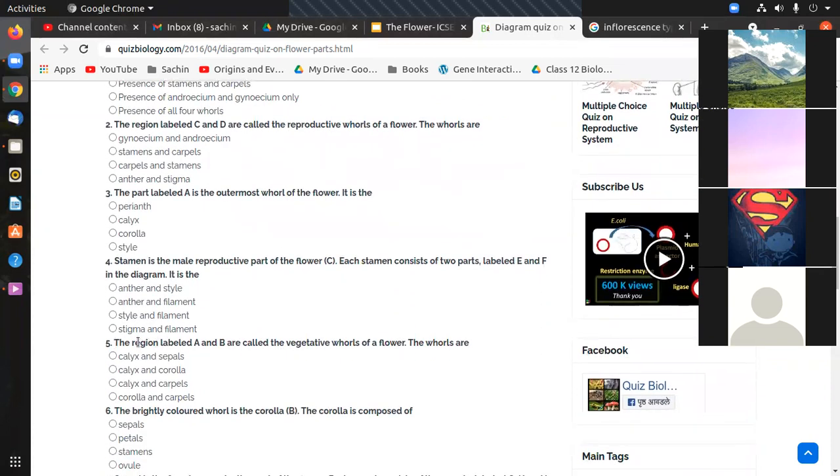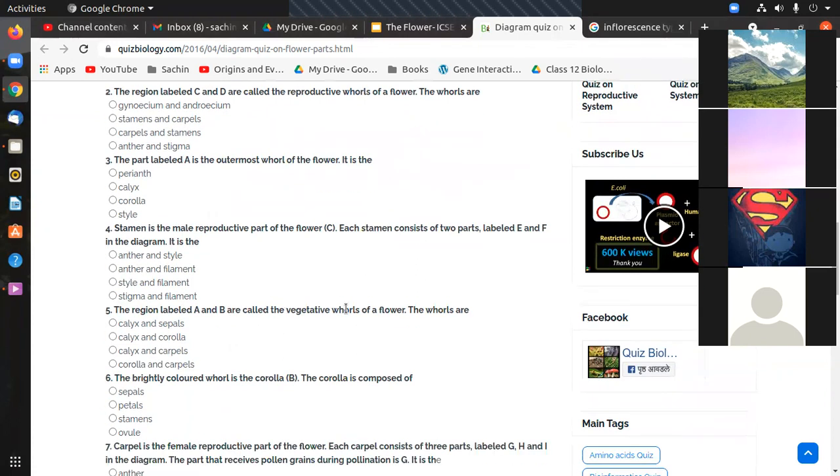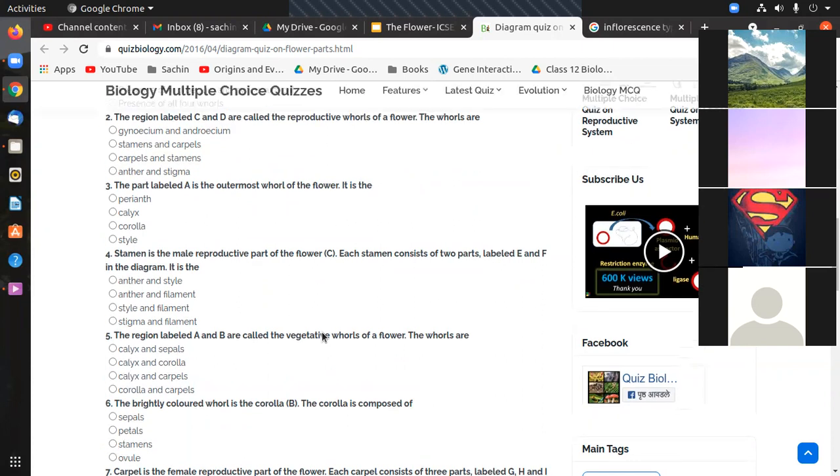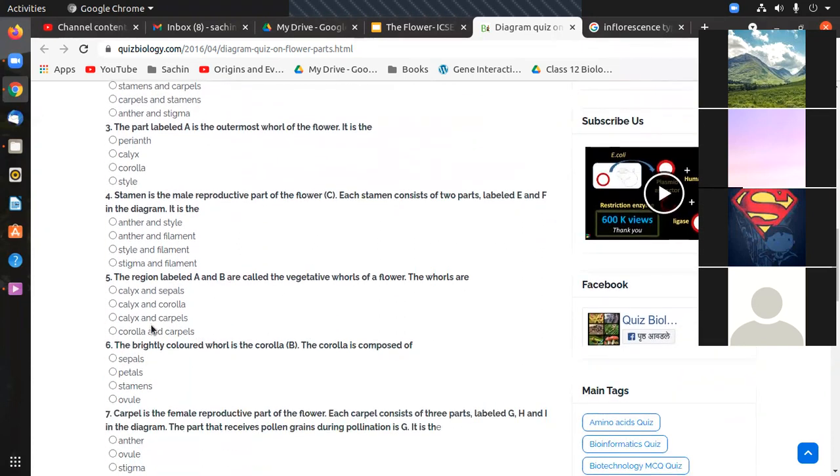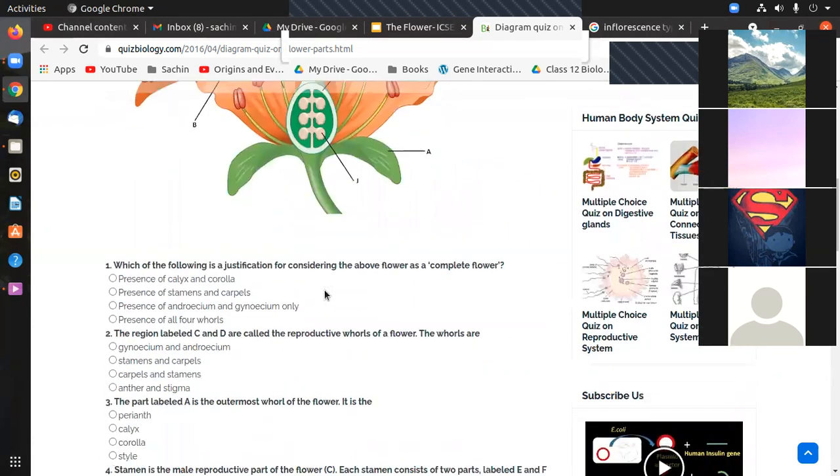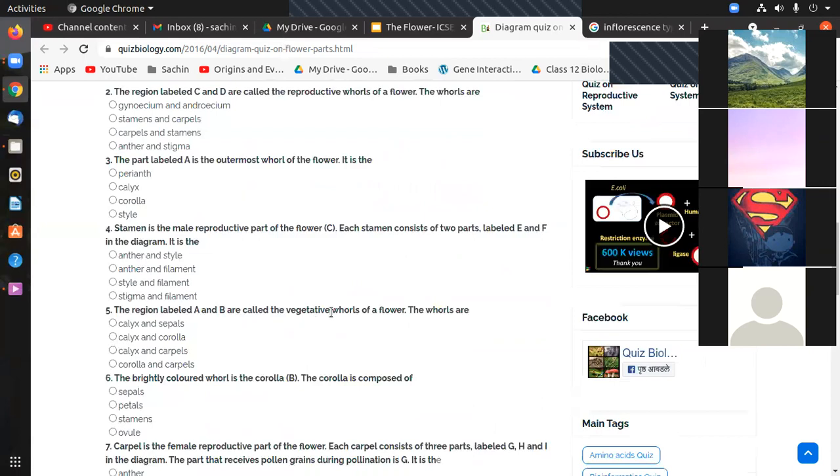Siddharth, question 5. The regions labeled A and B are called vegetative walls of the flower, and the walls are calyx and corolla, right. Sometimes we also have to pay attention to whether it says wall or walls, right?